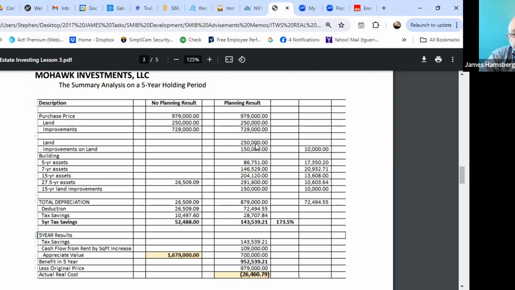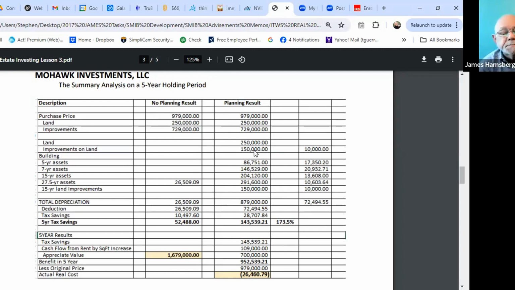But of the $250 of land, we had $150,000 of improvements on the land. Sidewalks, driveways, fences, irrigation, plumbing, laundry room, all of those different things were basically about $150,000. So that raw land portion is only $100,000.